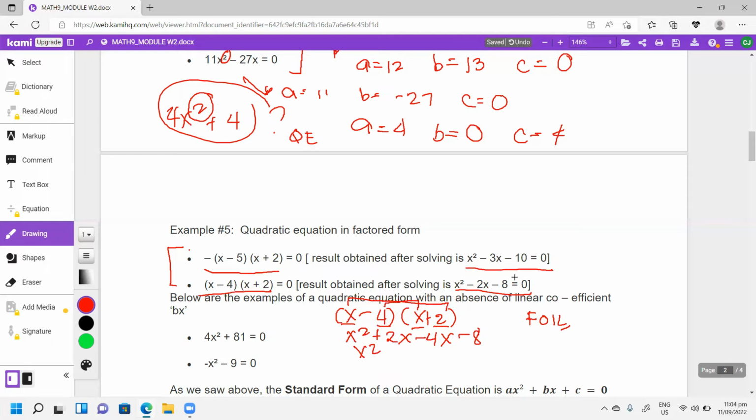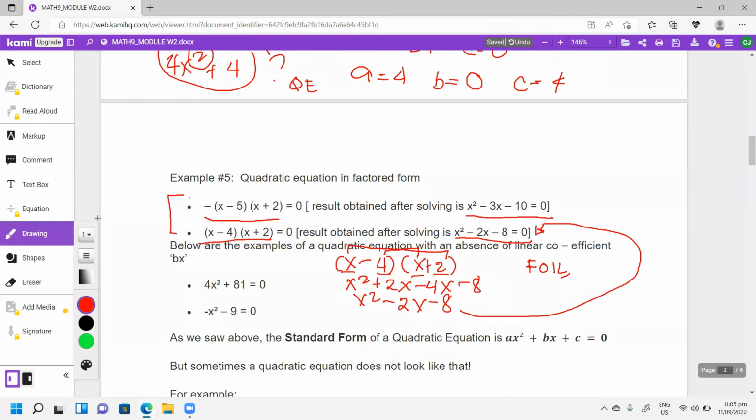So we will combine like terms. 2x minus 4x is negative 2x. Then minus 8. See? It is the same as this. Okay? So this is an example with the absence of a linear term, or the linear coefficient, which I discussed earlier.